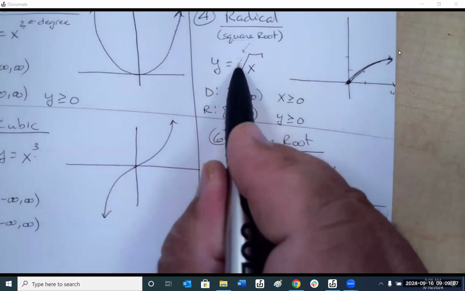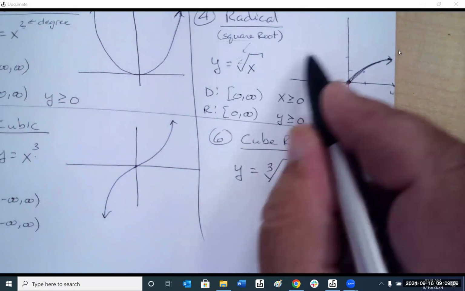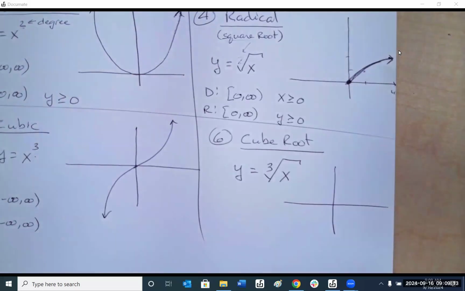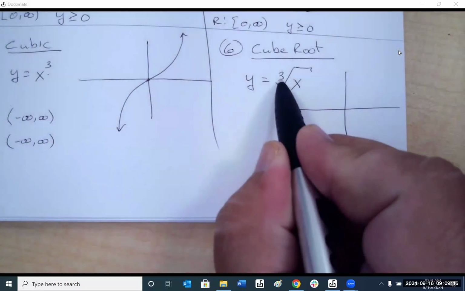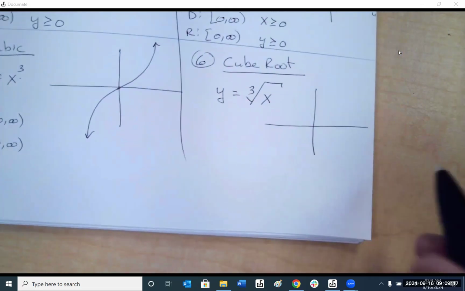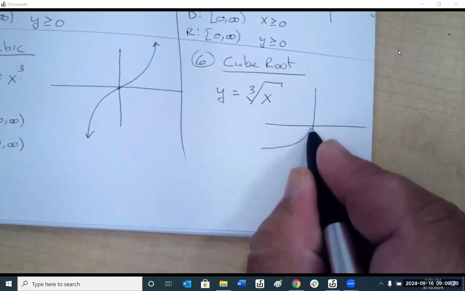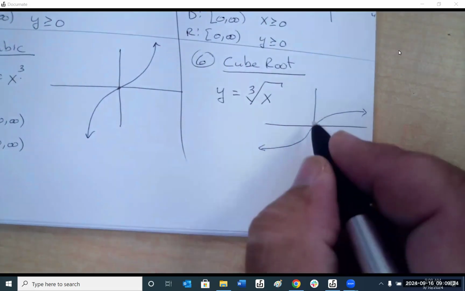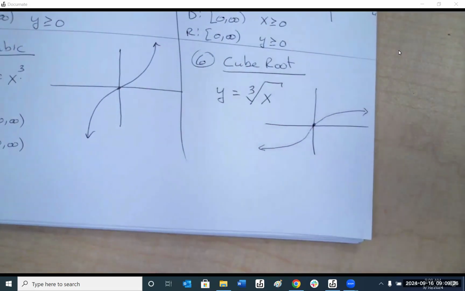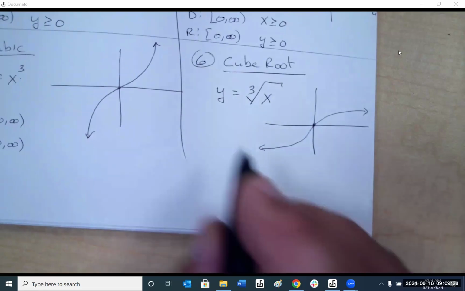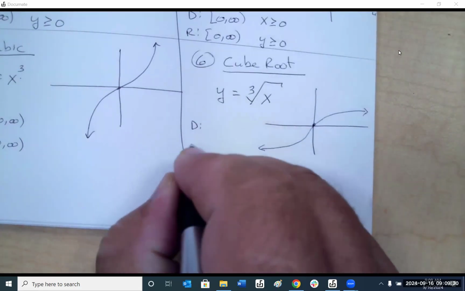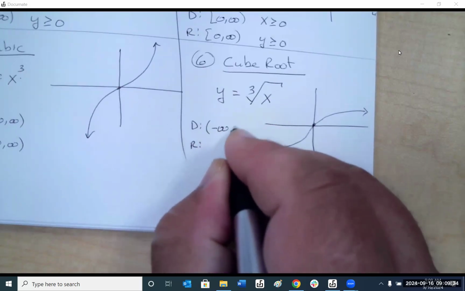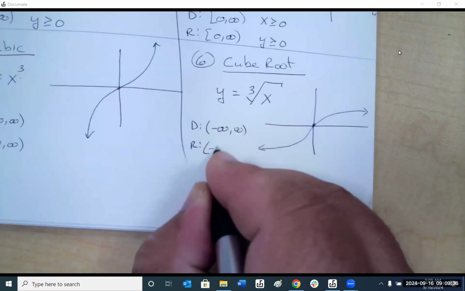If the root is even, it can never be negative. It's got to be only positive. If the root is odd, it can be positive or negative or 0. So the domain is all real numbers. Range is the same thing.